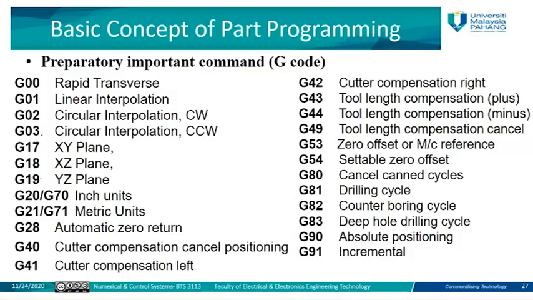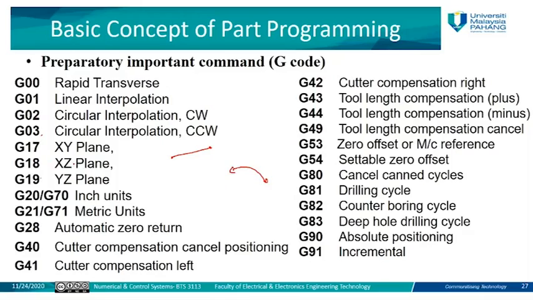G00 is for rapid traverse. G01 is linear interpolation, meaning from one point to another in a straight line, with no circle. G02 and G03 are for circular interpolation, clockwise or counterclockwise.